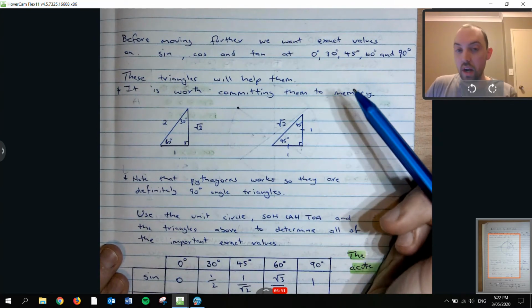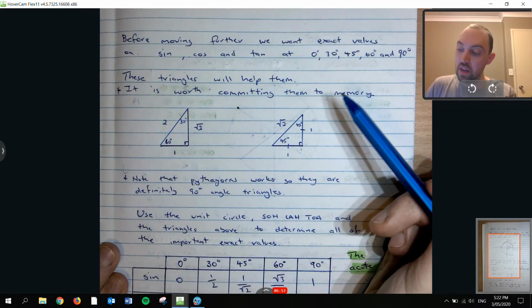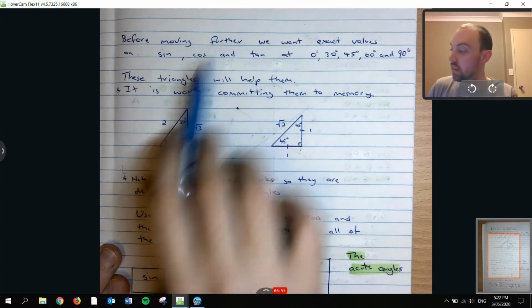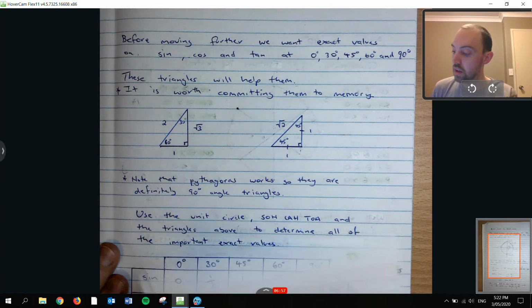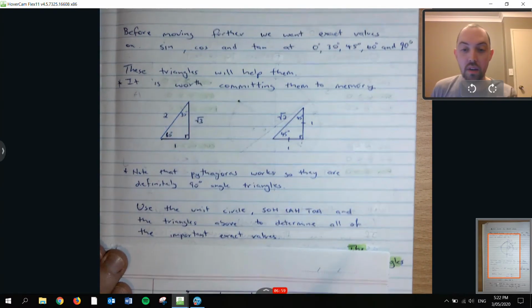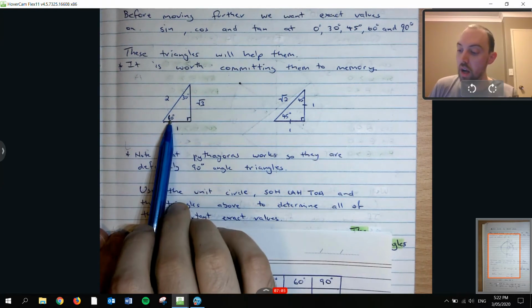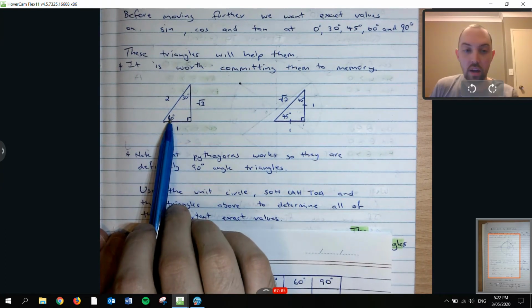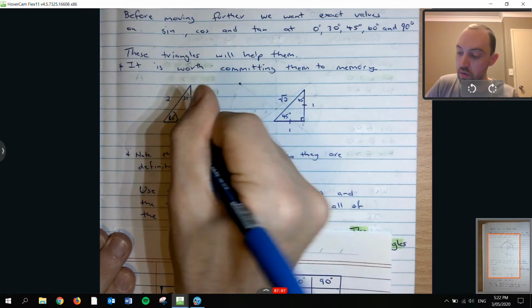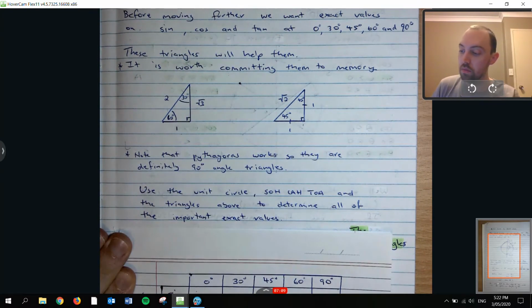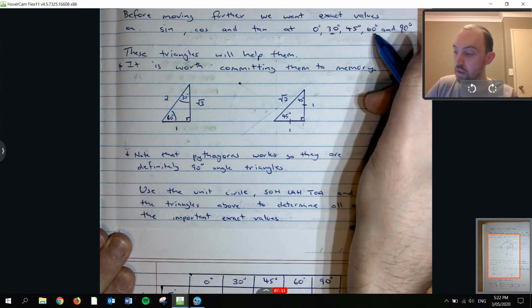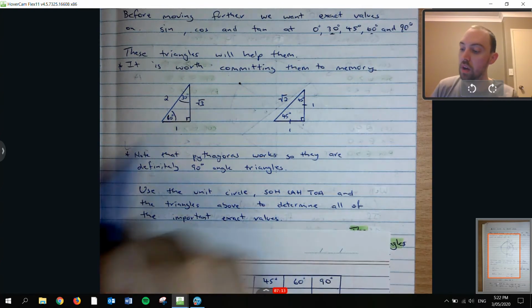There's a couple of triangles that we're going to use to help us get the exact values for all these different terms. Cover that up before I move any further. All right, we have a triangle that has angles of 60 and 30, which are these two important values.